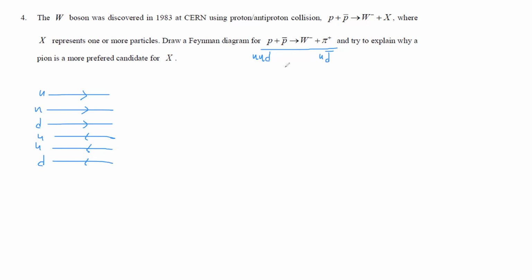And because we want to produce a W boson, we can consider the transition from D to U. And we also need a D bar.